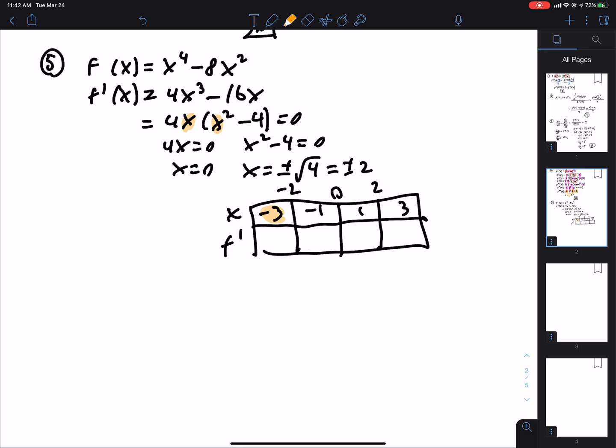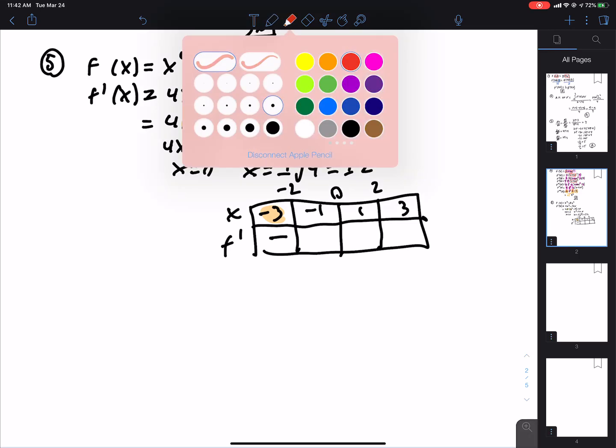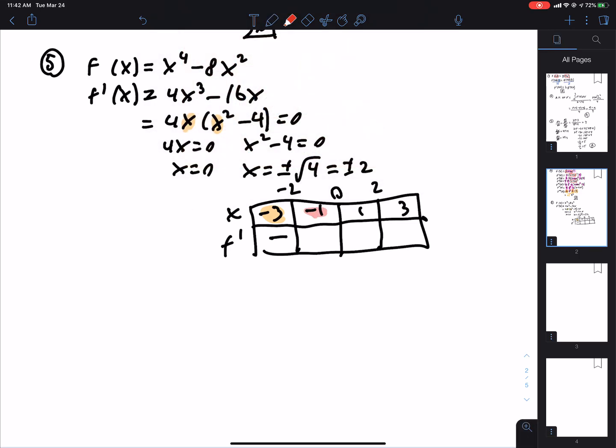So that's going to get me negative, and 9 minus 4 is positive, so that's going to be a negative. Now we're going to plug in -1. If I do that, -1 times 4 is a negative right here. And -1 squared minus 4 is a negative. 2 negatives make a positive.